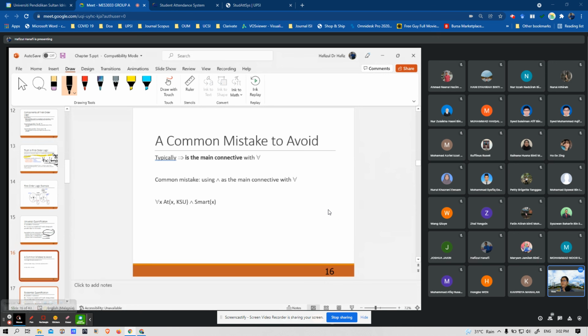Typically, the main connective with the for all quantifier is the implication. A common mistake is using the conjunction as the main connective with the for all quantifier. For example, here we use the conjunction, but the implication must be used as the main connective.